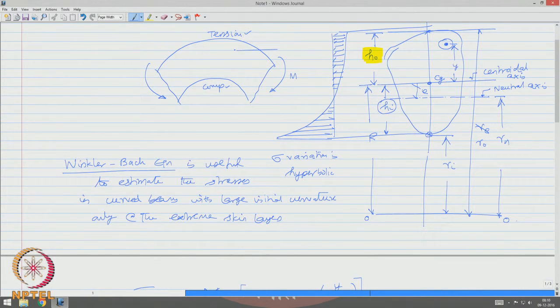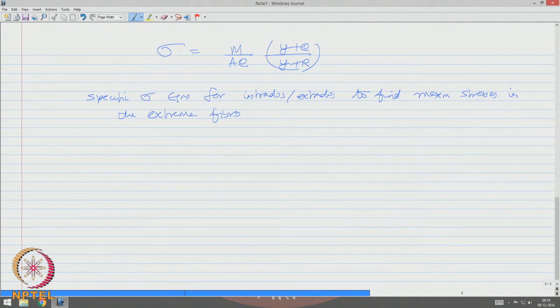For the given assumption that the neutral axis shifts towards the center of curvature, tensile stresses are positive. So, with that assumption, I want to find the intrados stress. Stress in the maximum fiber will be given by M by Ae. So, y in this case is going to be minus Hi.